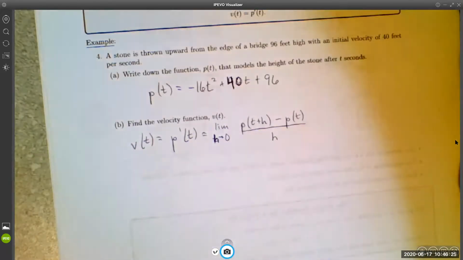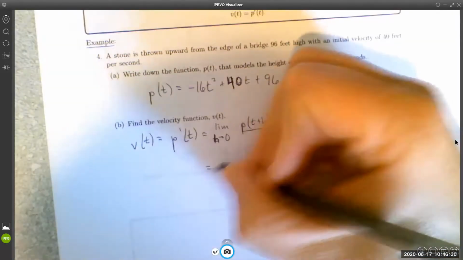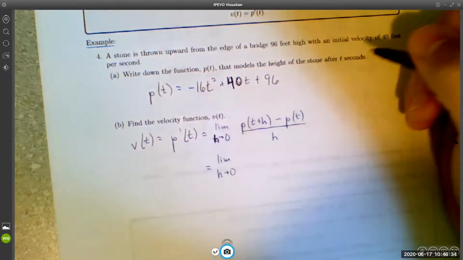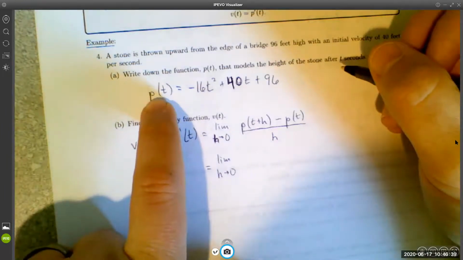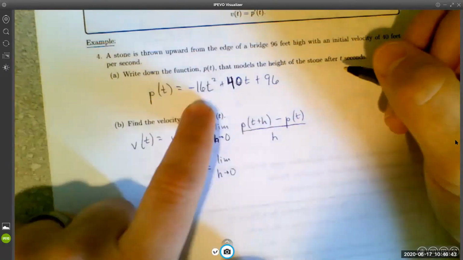That's just the definition of the derivative. So now let's see. This is going to be the limit as h approaches 0, p of t plus h. I'm going to look at p of t, and everywhere I see a t, I'm going to replace it with t plus h. So this is more complicated than the ones we've seen before, but let's do it.